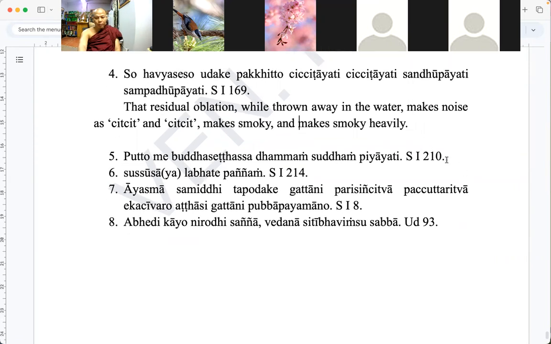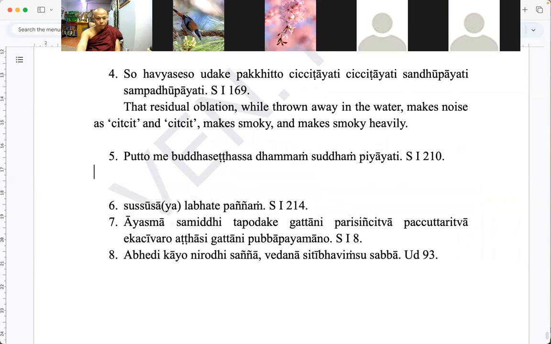And now number 5. Buddha me Buddha Siddhasa Dhamman Sodhan Piyayati. Me is actually the same as mama, but me is never used to start a sentence, only in the second place. So Buddha me is the same as mama Buddha, that means my son.